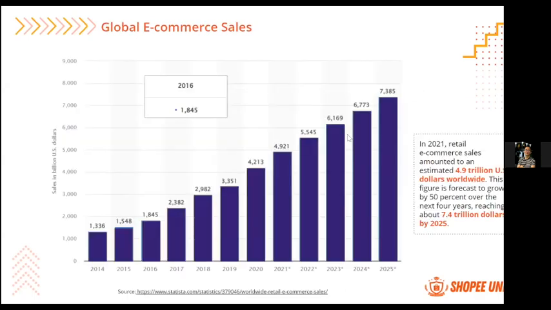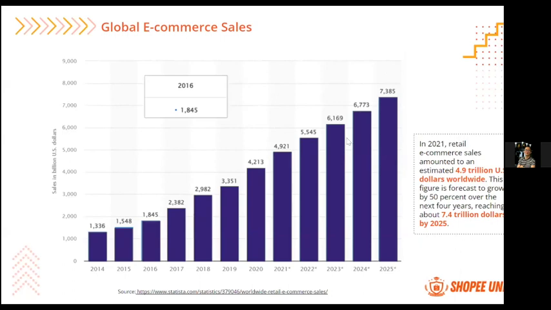Just to give you an idea of how big the e-commerce industry is, let's take a look at this graph that I'm sharing with all of you today. These are sellers' sales in billion US dollars. In 2021, just last year, retail e-commerce sales amounted to an estimated 4.9 trillion US dollars worldwide.